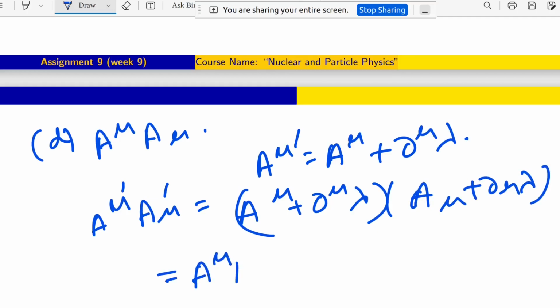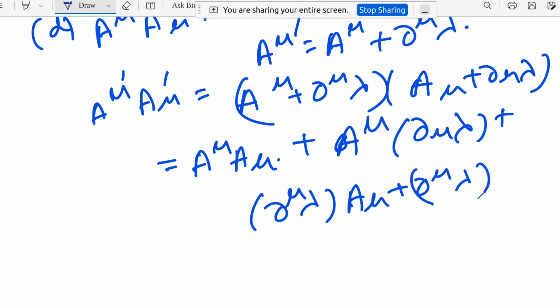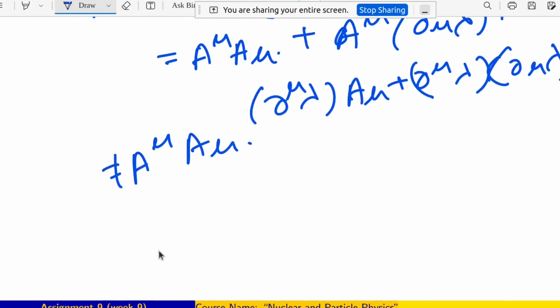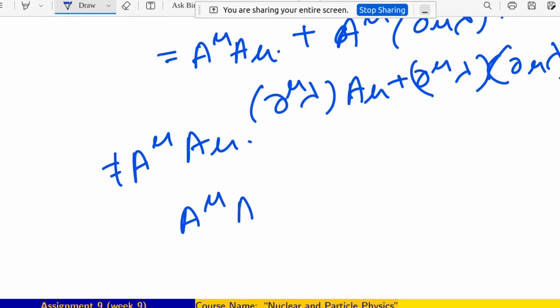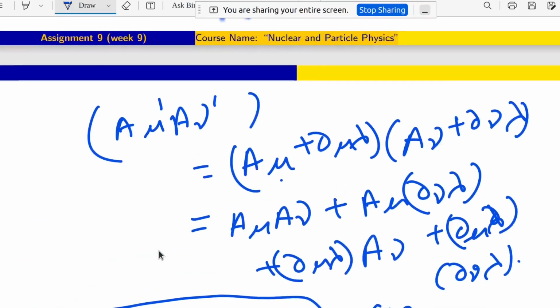Now you can see A_μ is fine, but there are some other terms also: A_μ ∂_ν λ plus ∂_μ λ A_ν plus ∂_μ λ ∂_ν λ. So these terms are not exactly 0, so that means it is not equal to A_μ. So whatever is in option number 4, A_μ, is not invariant under gauge transformation.